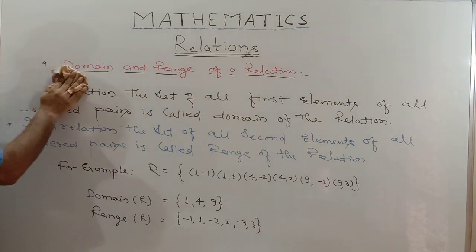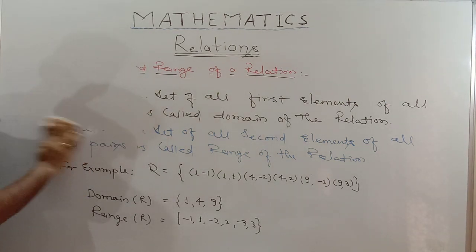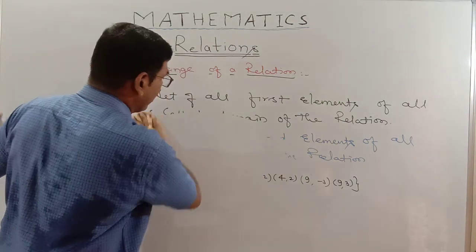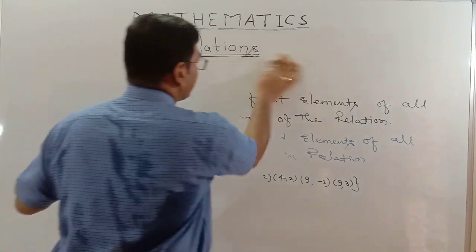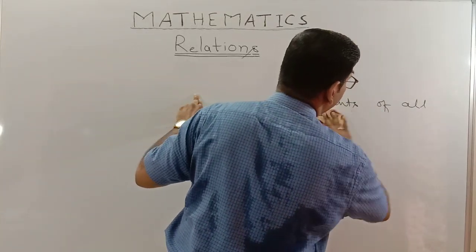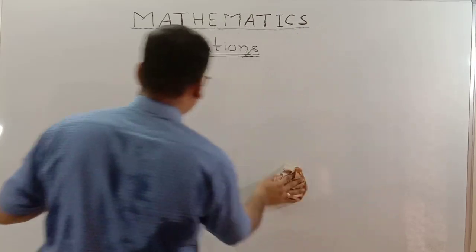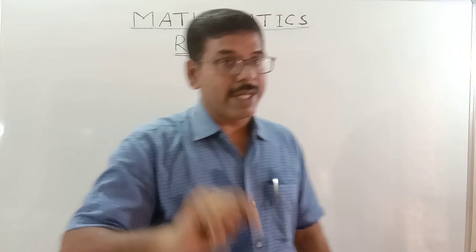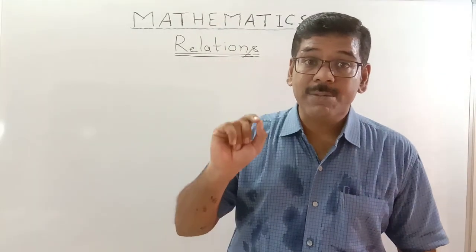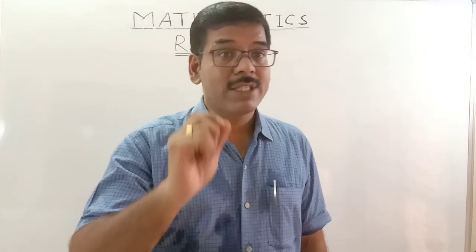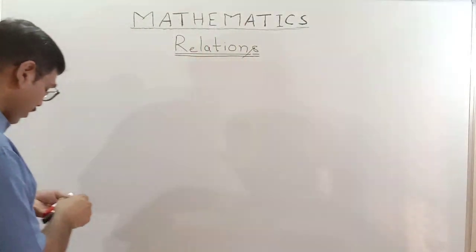Now I am just making it clean. Okay, now how many relations are possible at maximum? You have written a note that a relation is a subset of the Cartesian product of two sets. So how many subsets are possible, you know very well.